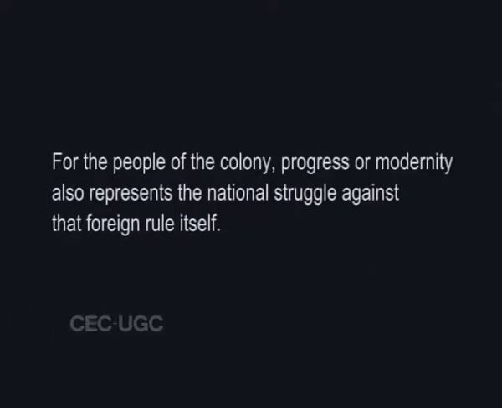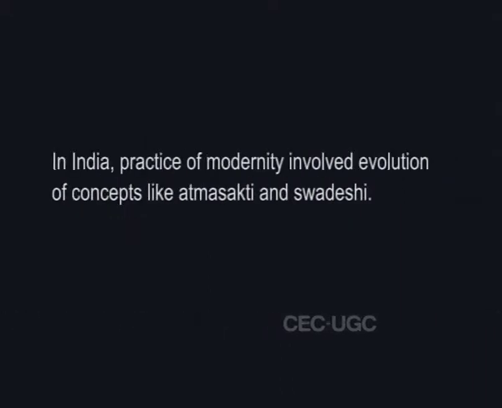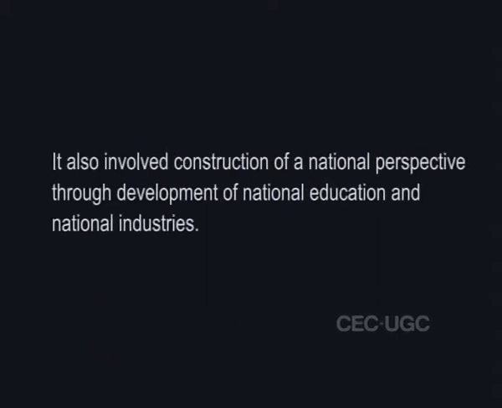For the people of the colony, progress or modernity also represents the national struggle against that foreign rule itself. In the Indian context, practice of modernity involves evolution of concepts like Atma Shakti and Swadeshi, as also construction of a national perspective through the development of national education and national industries.